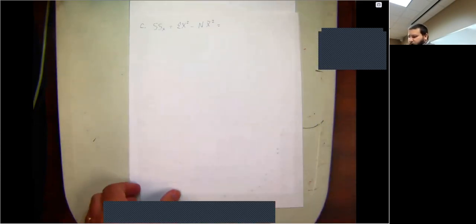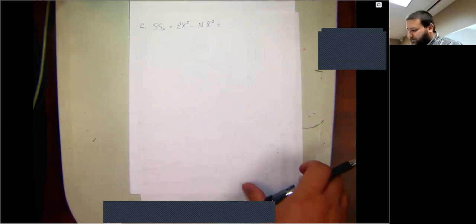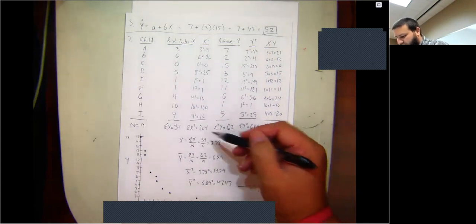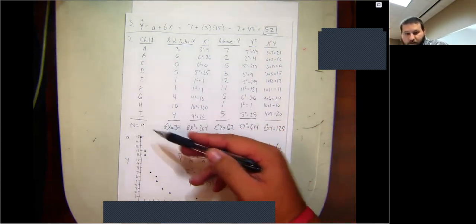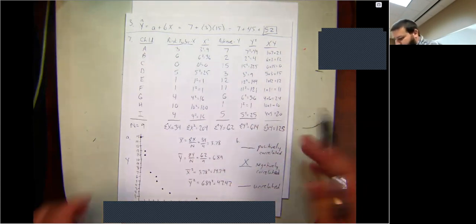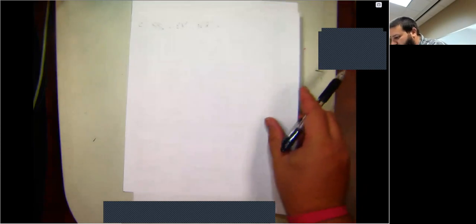Sum of x squared minus n times x bar squared. Sum of x squared is 204. N is 9, x bar squared, where'd you go? 47.47. So we'll take those.